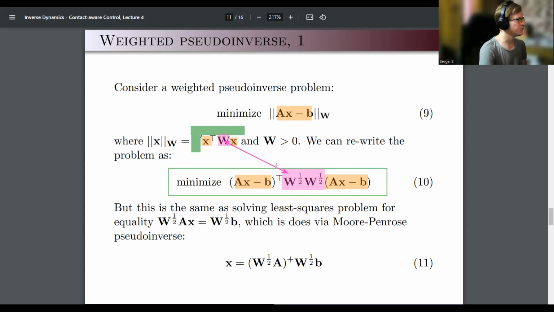But if you write me a proof that the square root is not defined for matrices which are not positive semi-definite, then that will be a bonus point challenge. Good. But it is only defined for positive definite matrices, the square root. And as the definition says, you multiply it by itself, you get the original matrix.